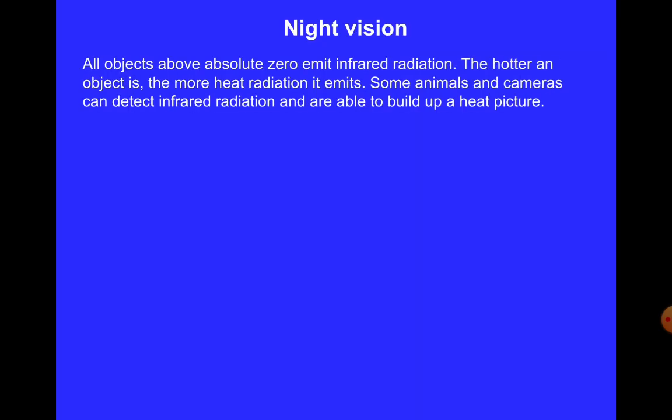Night vision. Now, all objects that have a temperature, even just above absolute zero, they emit infrared light. Obviously, the hotter the object, the more heat radiation it emits.